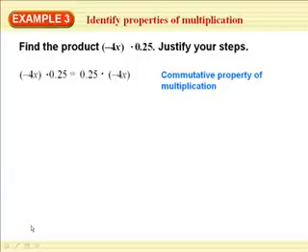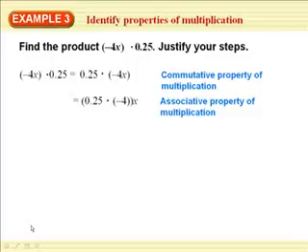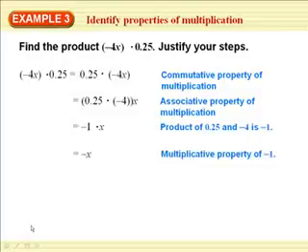So they switch the order of it around. Oh, I see what they did. Then by taking 0.25 times -4, they did the associative property. And then -1 times x would be -x. That makes sense to me now. Sure enough.